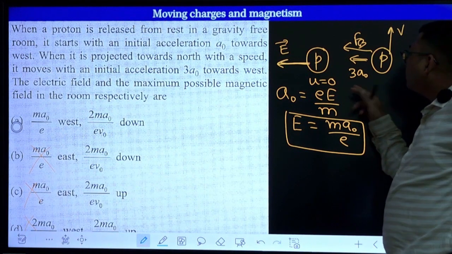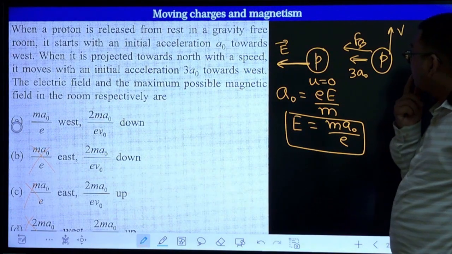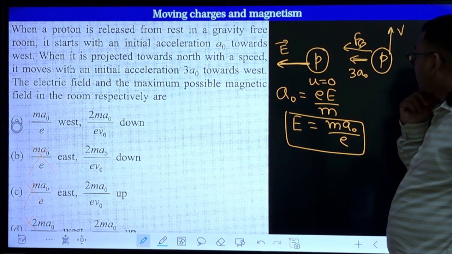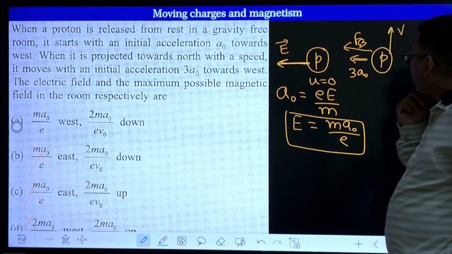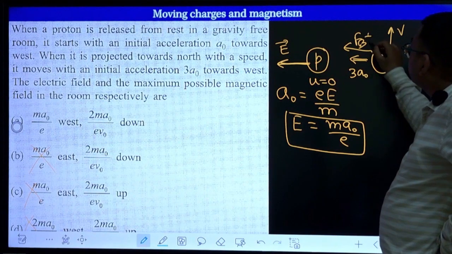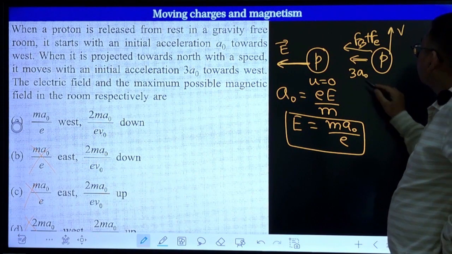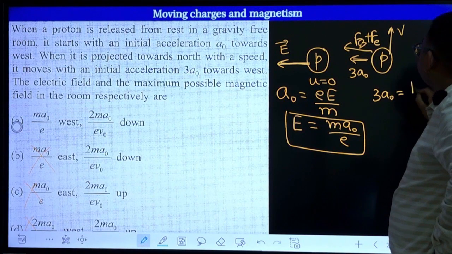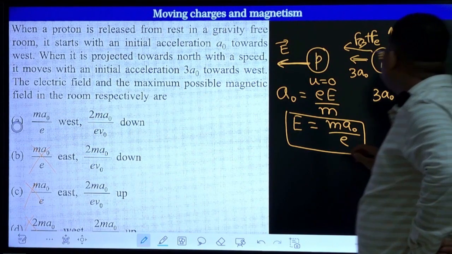See, they have given here that both the fields are there, electric field as well as magnetic field. So now extra force is also happening. Definitely both electric force as well as magnetic force will be acting in this way. So the 3a0 that we are writing is the net acceleration due to electric force plus magnetic force divided by mass, right?